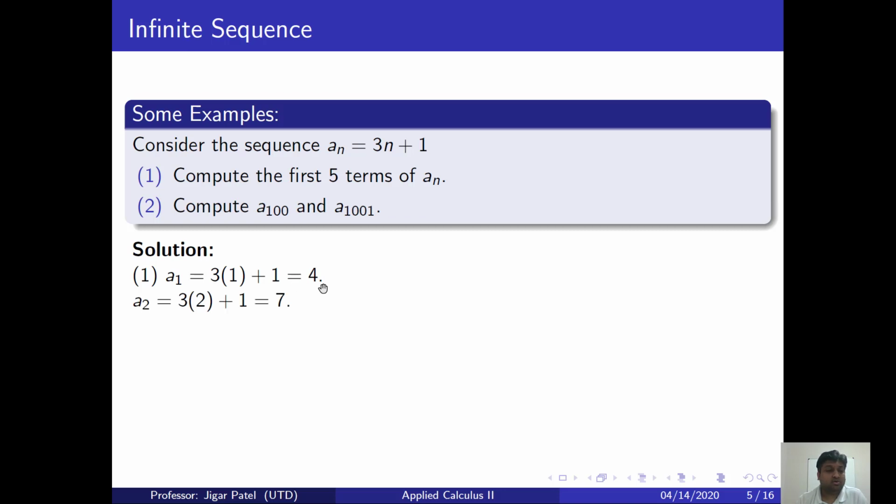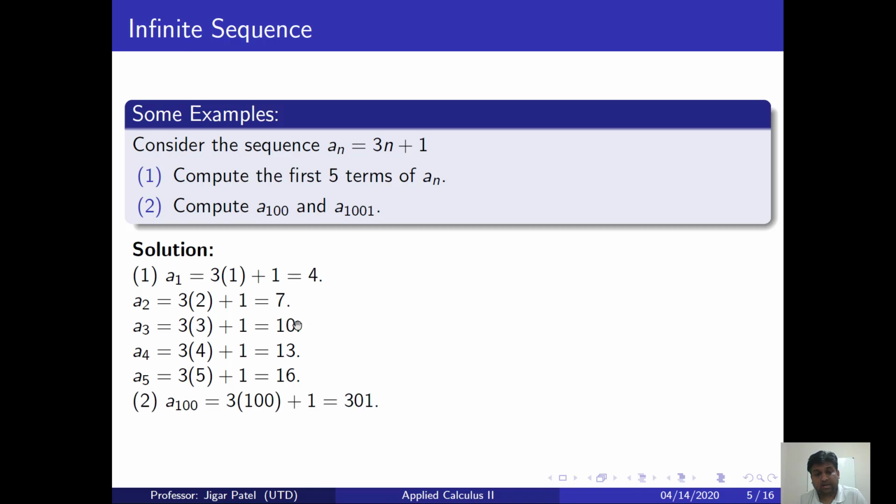Plugging n equal to 2 gives me the second term, which is 3 times 2 plus 1, and that's 7. n equal to 3 gives me 3 times 3 plus 1, which is 10. n equal to 4 gives me the fourth term, which is 13. n equal to 5 gives me the fifth term, which is 16. And then I can compute the 100th term by plugging n equal to 100, which gives me 301, and the 1001th term will be 3004.